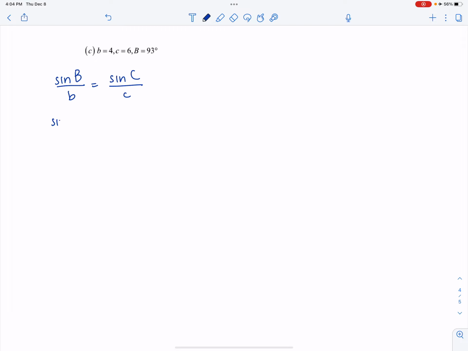This is going to be sine of 93 over 4 equals sine of that missing angle C over 6. So sine of C is 6 sine 93 over 4, which is approximately 1.498.